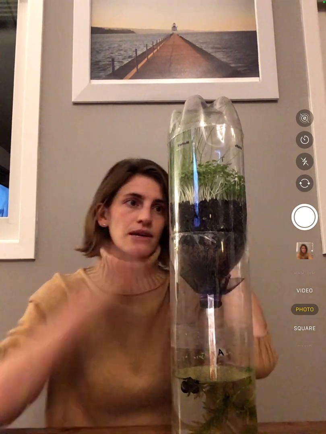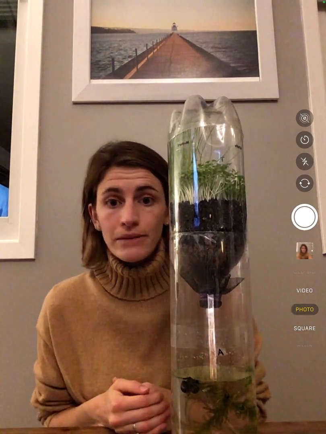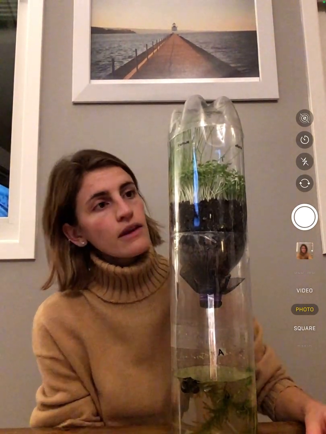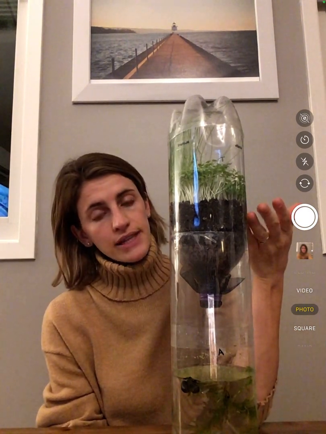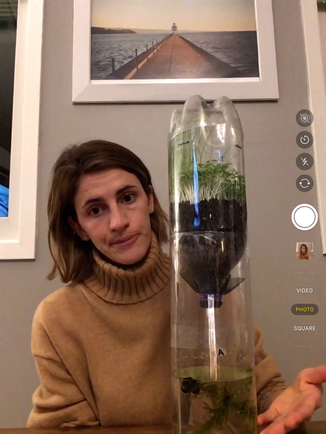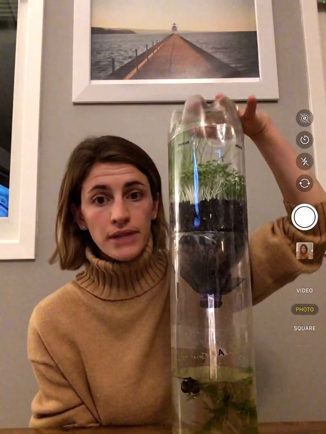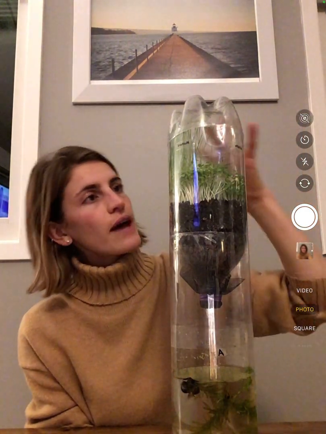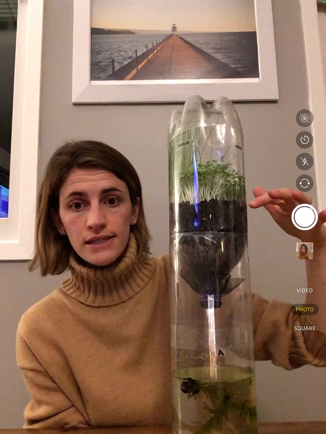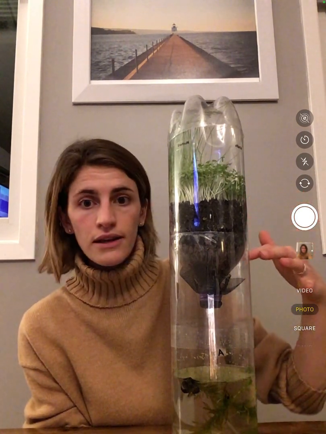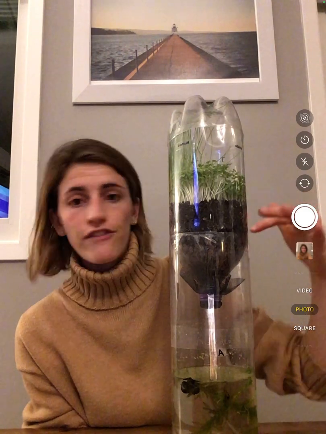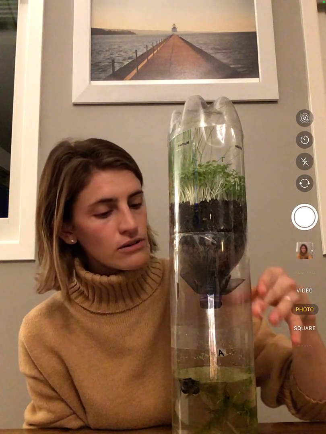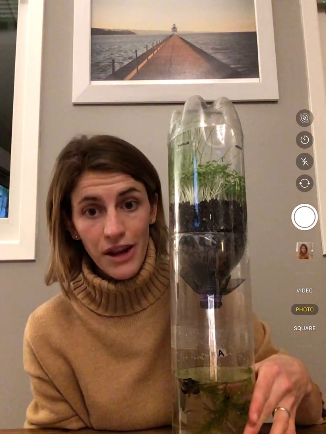One example that I want to point out, and something that we might observe moving forward, has to do with water runoff. Now that the terrarium is sitting on top of the aquarium, anytime we water these plants, in nature that would be like anytime it rains, that water is going to hit the plants, it's going to run through the soil, and the water is going to grab whatever it finds in the plants and in the soil and bring it right down into the water of the aquarium.